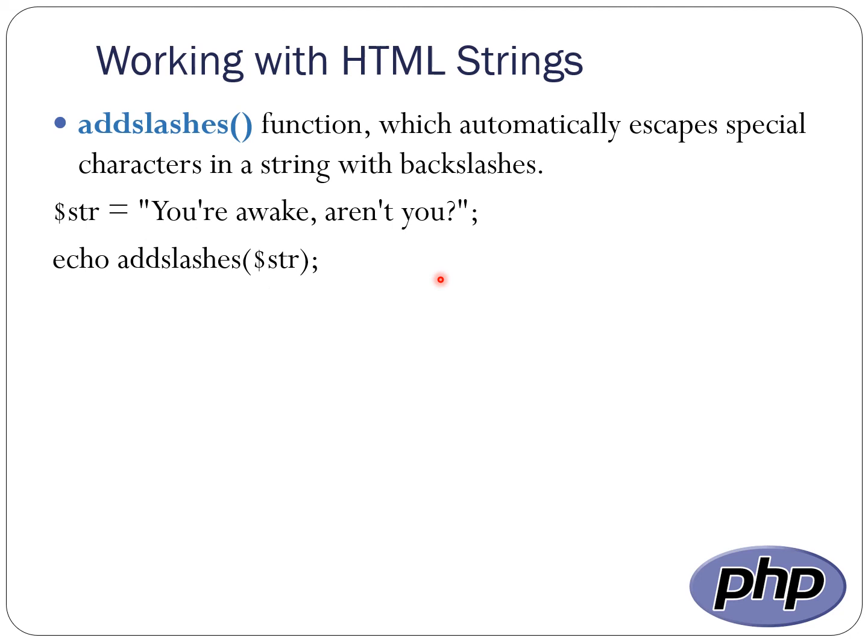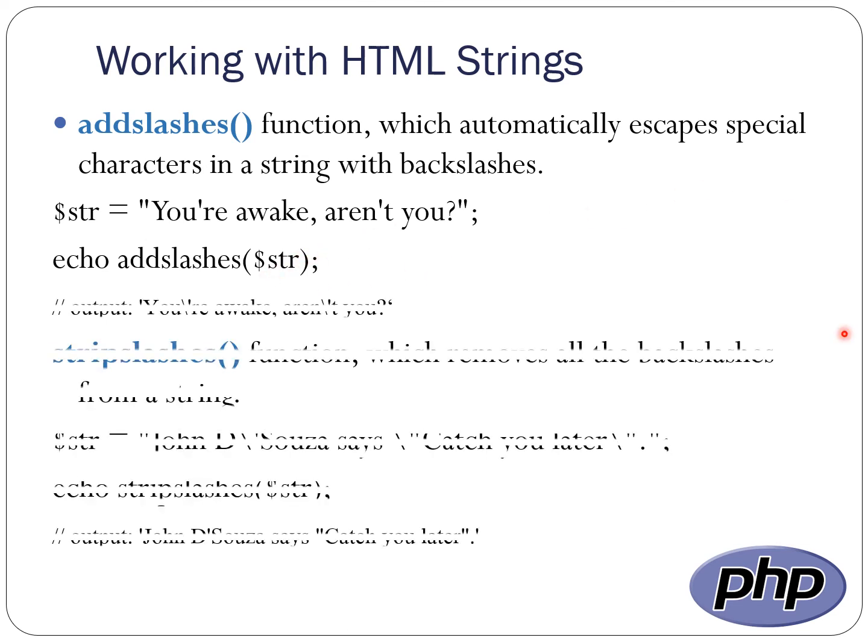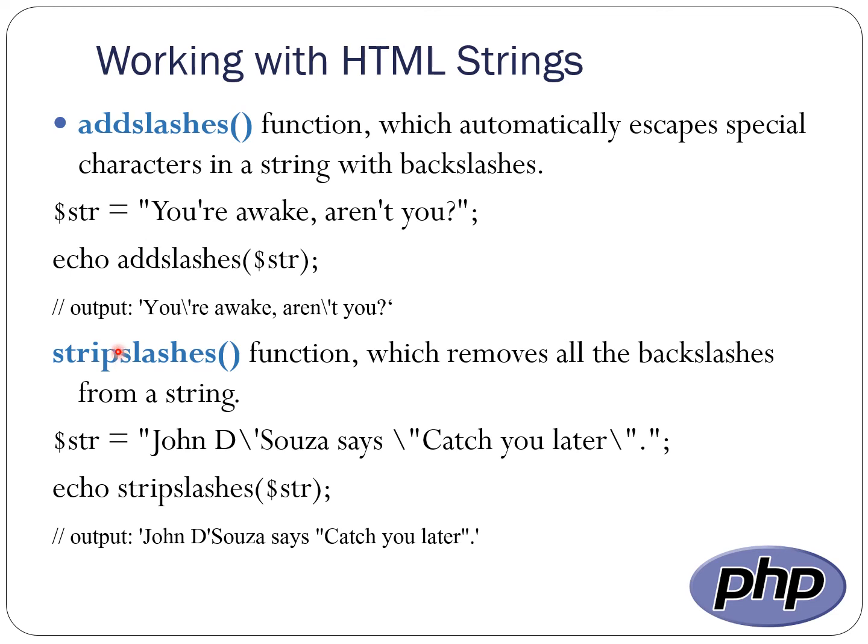What happens is it automatically escapes the special characters in a string with backslashes. So the output is like this. Here we have special characters like the apostrophe and the quote, so they will be converted with a backslash, and the quotes will be converted to slash quotes.